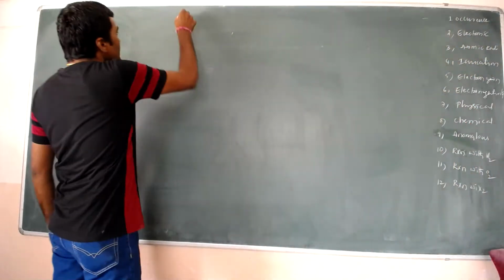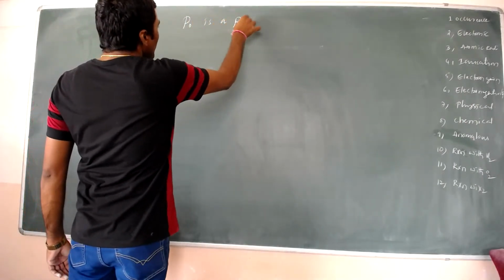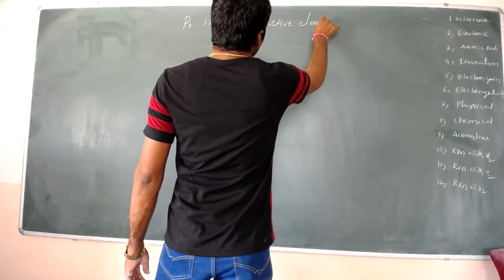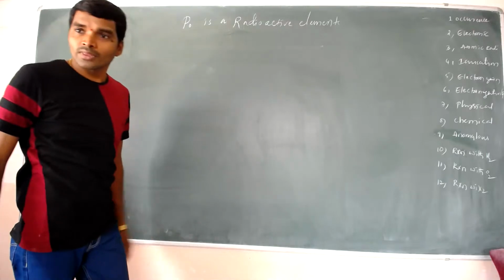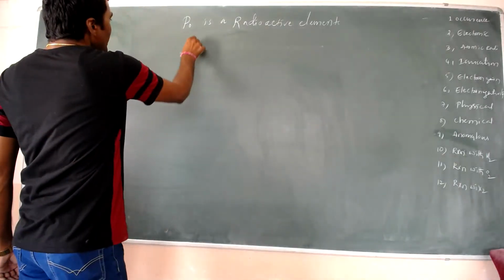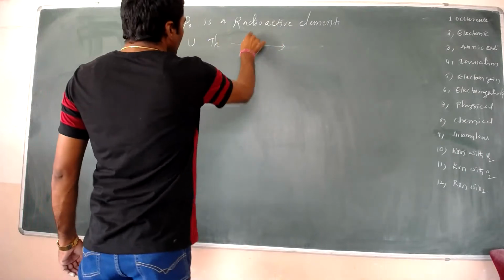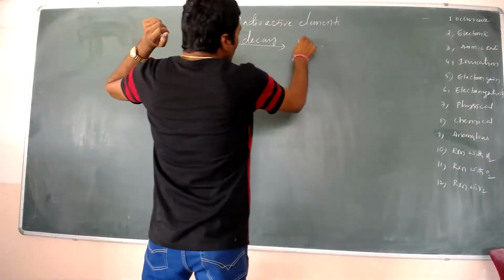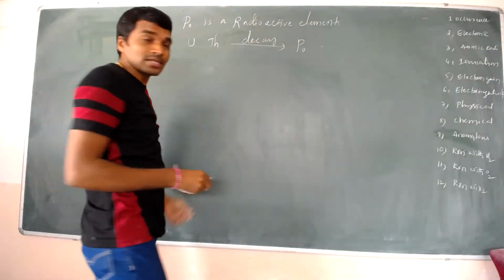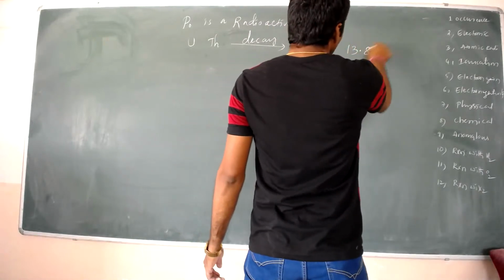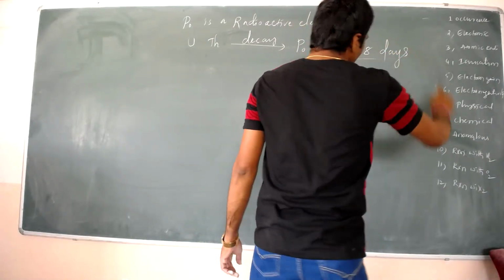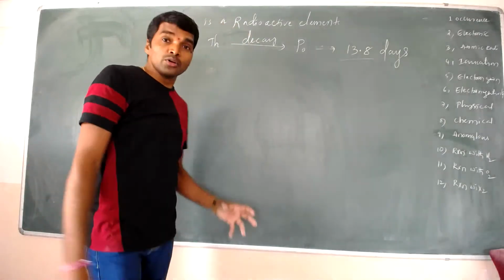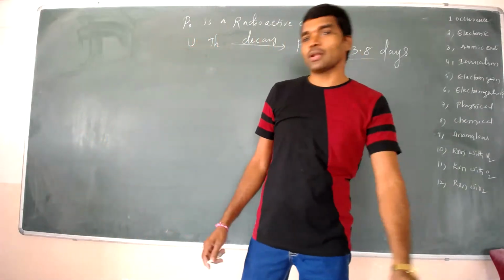Polonium is a radioactive element, a uranium or thorium decay product. When uranium and thorium undergo decay, polonium is formed. Its half-life is 13.8 days. So this is the occurrence of sixth group elements.